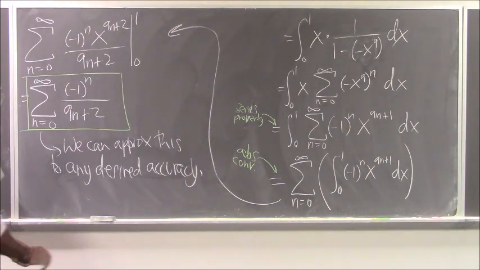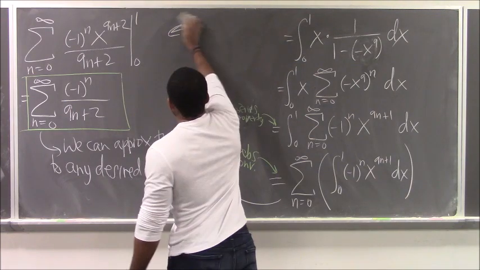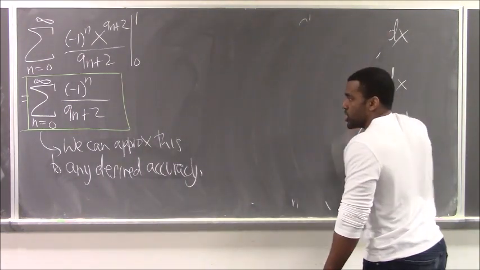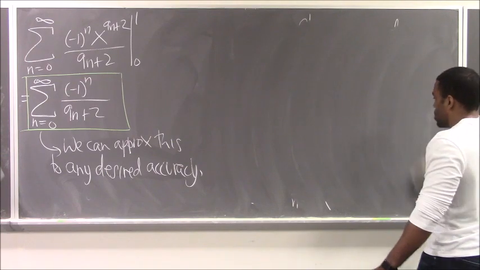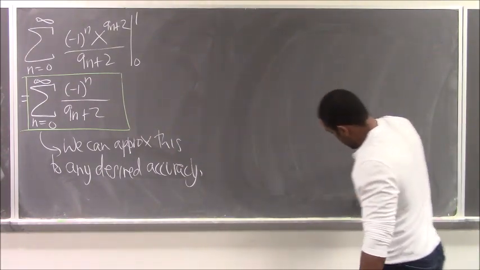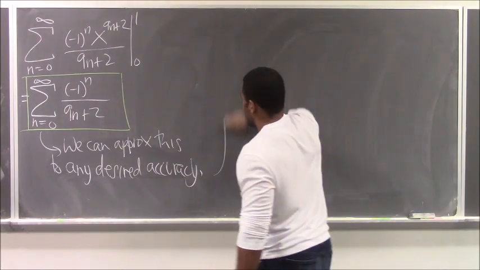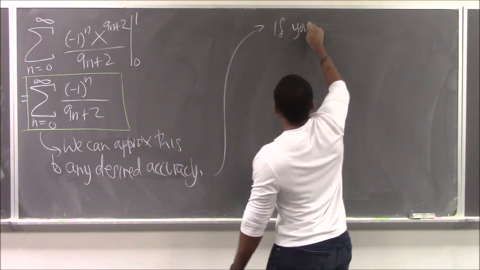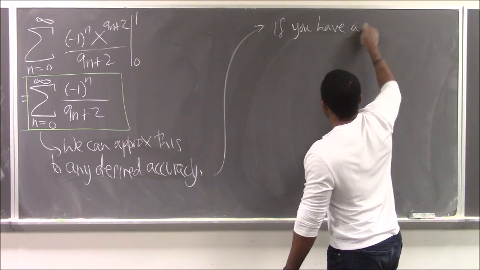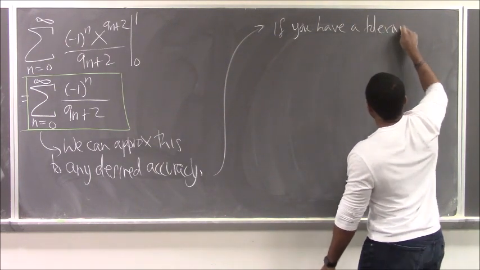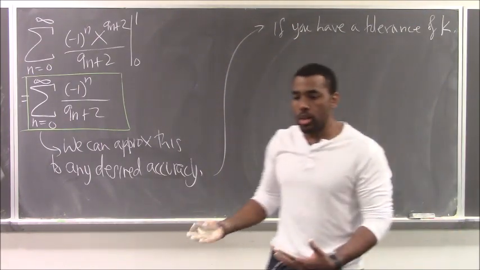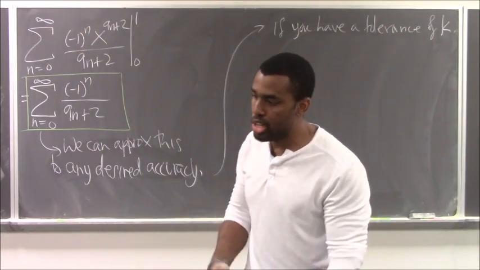Right? So one thing you can just notice, the alternating series approximation theorem tells us the n plus first term tells you how close you are to the actual answer. So if you have a tolerance of, say, k, like someone says, I want the error to be 0.001.